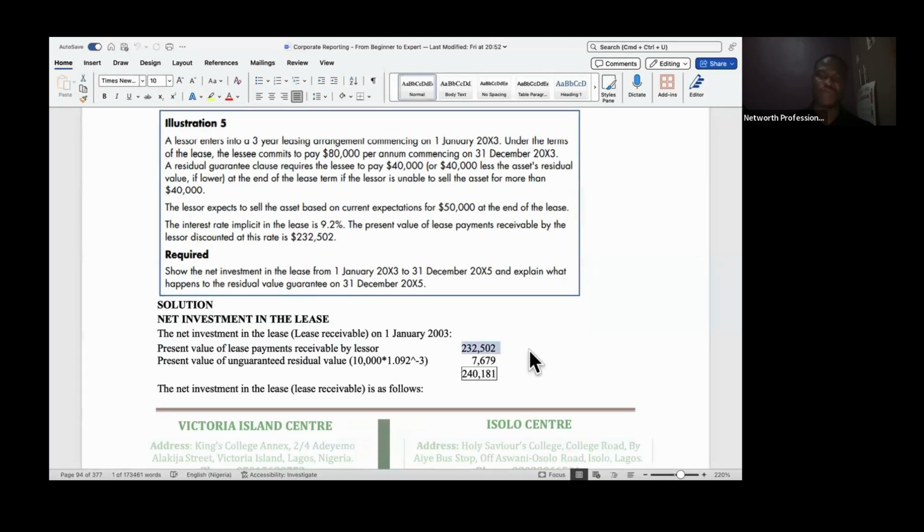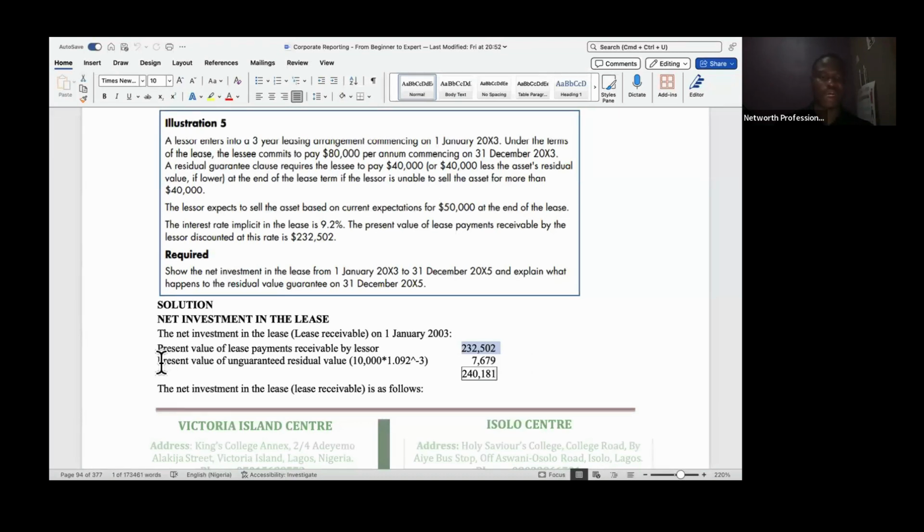Okay, if they don't give it to you, it's just to get the annuity. By the time you multiply this 80,000 per annum by the annuity factor, okay, over 3 years, it should give us this 232,000. But most questions will give you this PV of lease payment receivable.